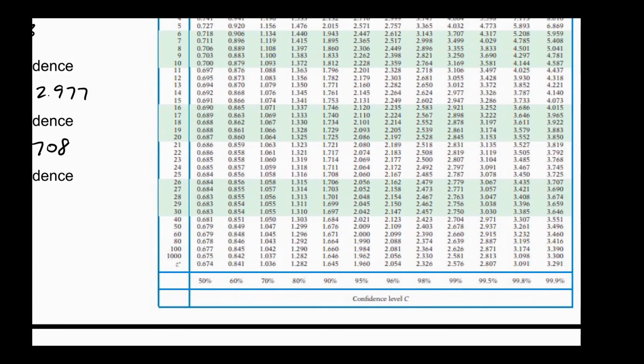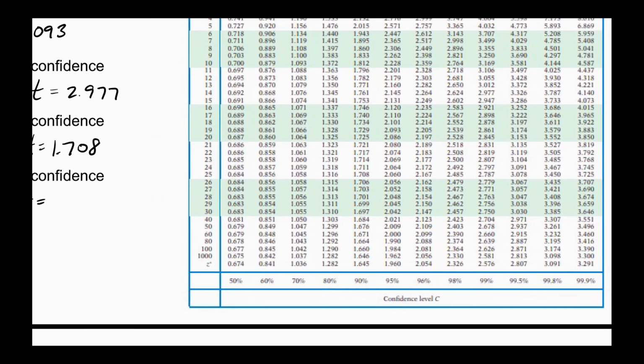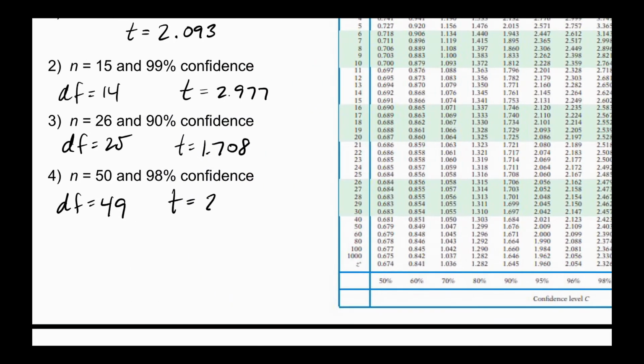So with 50 and 98%, we get 2.403. If you want a closer estimation, your calculator will do it. I'll show you how to do it on the calculator. Your calculator also can find T.